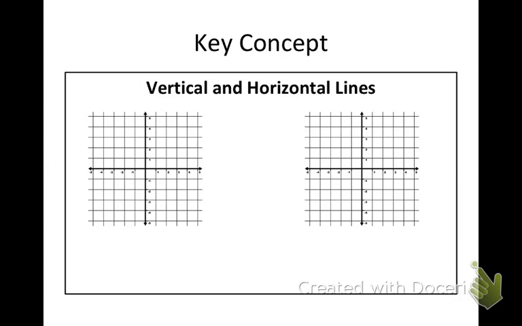You could, but it wouldn't really exist. How would you even create a road like that? So vertical lines go up and down. Our slope is undefined. So you can either use the no solution sign or write out the word undefined. It's up to you. Okay.